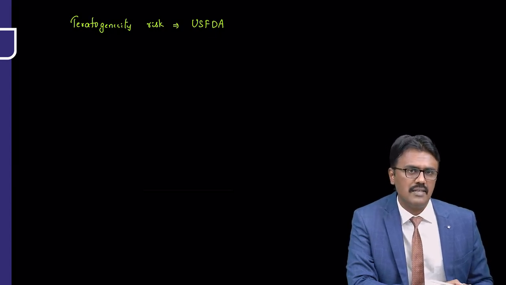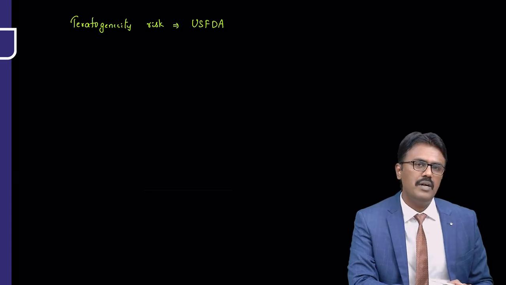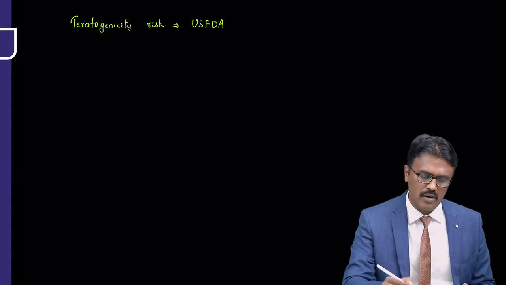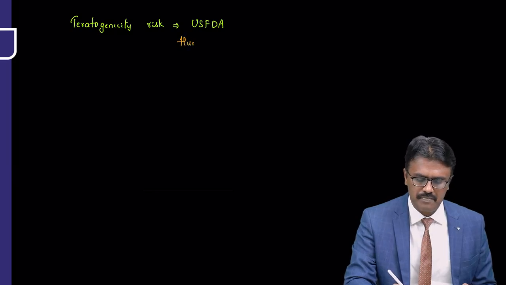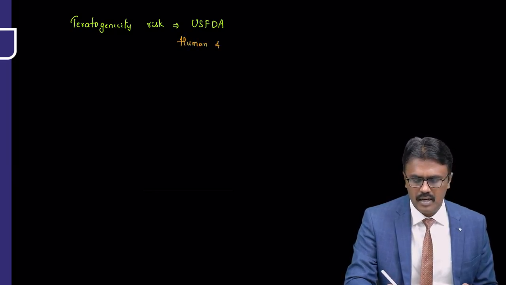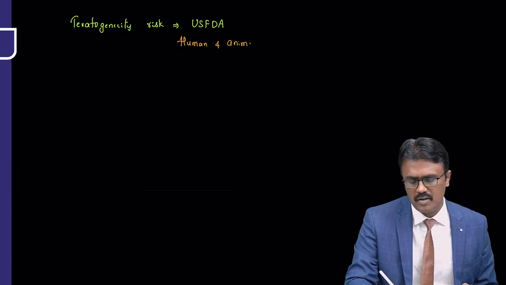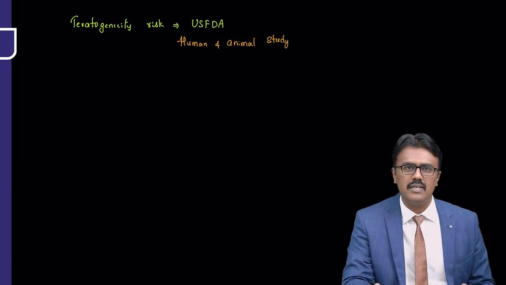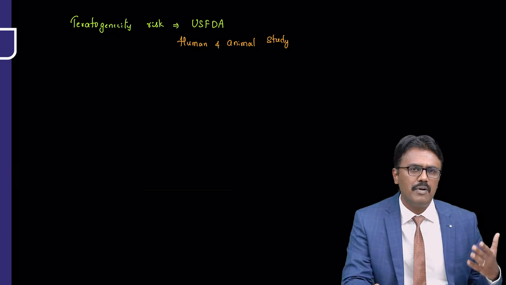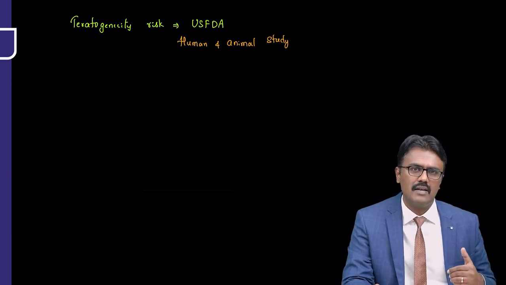They have given a risk category. How do they decide? They decided based on human studies and animal studies. Whatever data they have obtained, from that they have categorized the drugs like this.